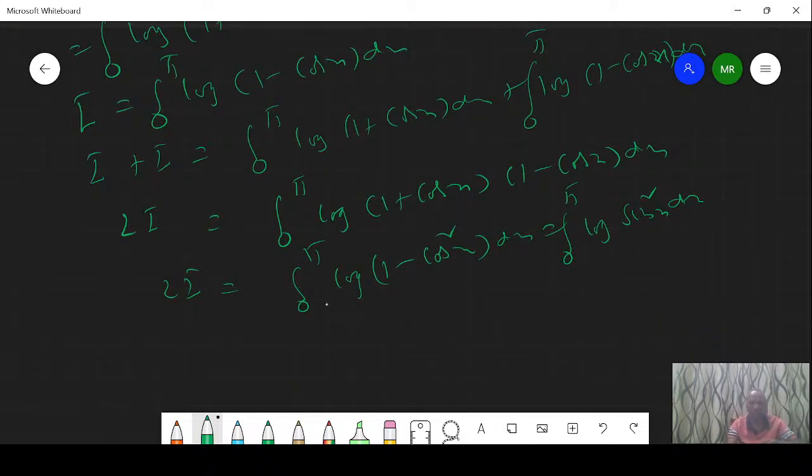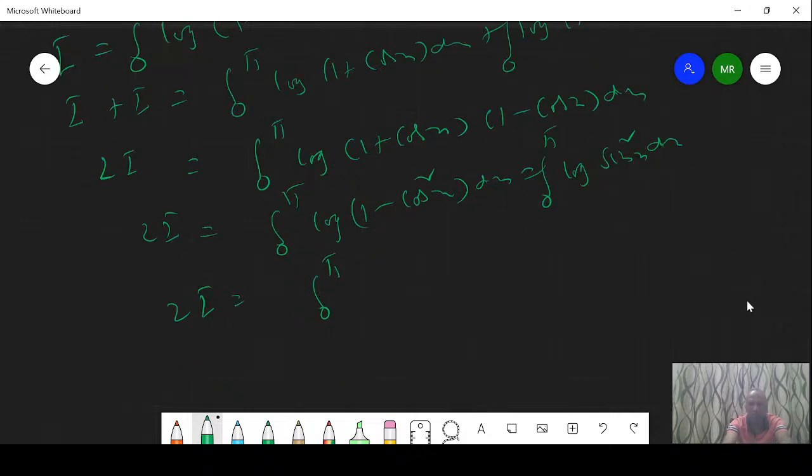So 2I is equal to 0 to pi, and log sine square x I can write as 2 log sine x, by the property of logarithm. Now 2 I can eliminate.